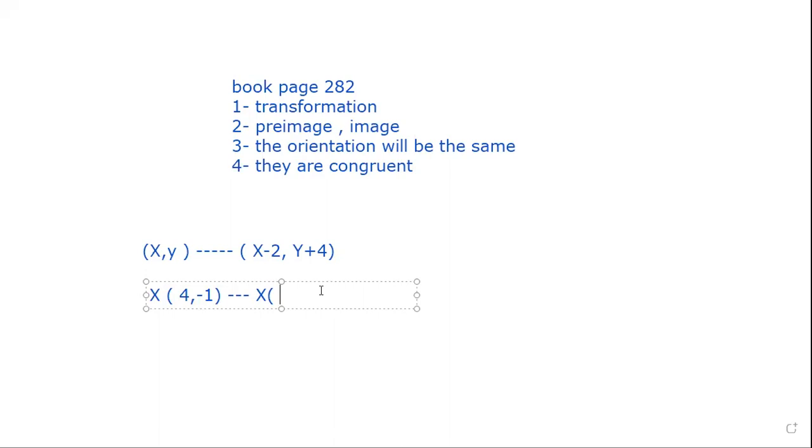If you want to calculate the image, you will subtract 2 from x, so it will be 2, and you will add 4 to y, so it will be 3. Right? Look at the figure, please. Where can you find x prime?